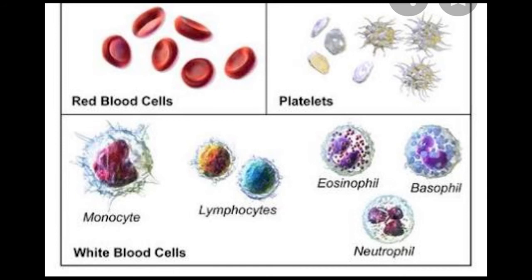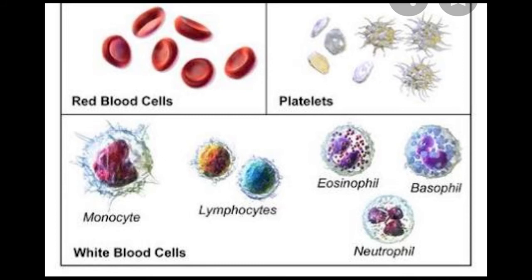The blood corpuscles or solid particles are mainly of three types. Number one is RBC, that means red blood corpuscles, which help in oxygen transport to the body, and they are present in the maximum number within blood.